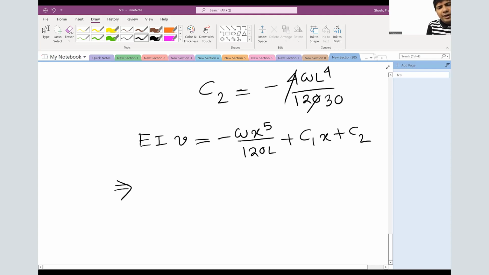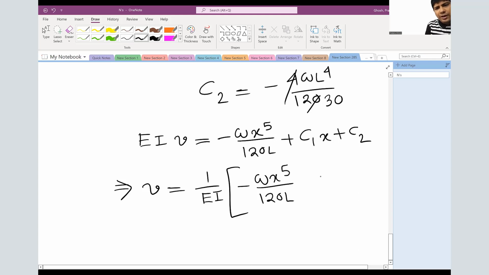And our aim is to find the vertical deflection. So take the EI on the other side. Negative Wx^5 over 120L, C1x, and C2 we got WL^4 over 30.